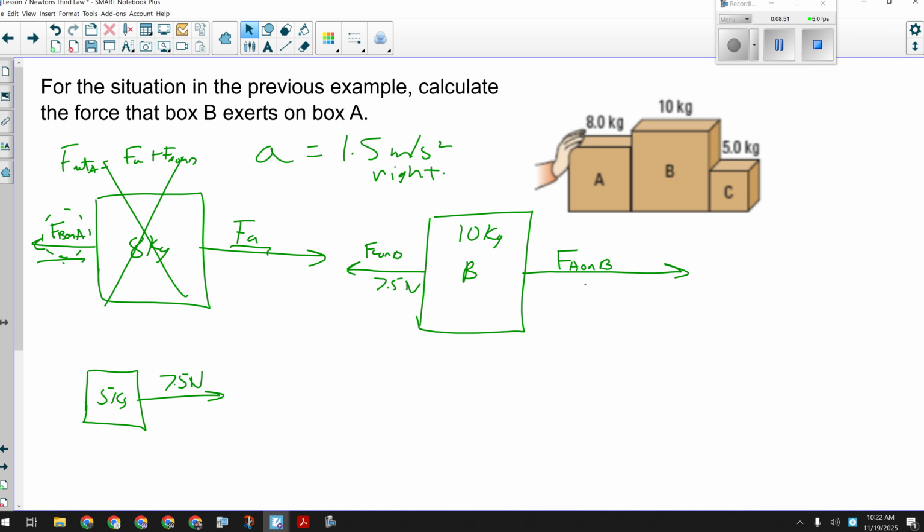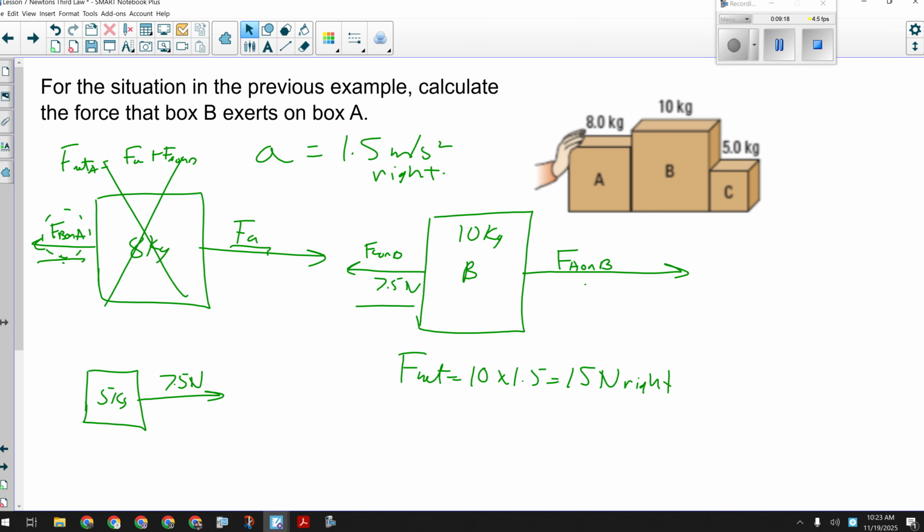So I might be able to find this because in the last question, I found that force. So now I actually know one of the 2 forces that is acting on box B. So I can calculate the net force on B. F net is 10 kilograms times 1.5 meters per second squared. So the net force is 15 newtons to the right.